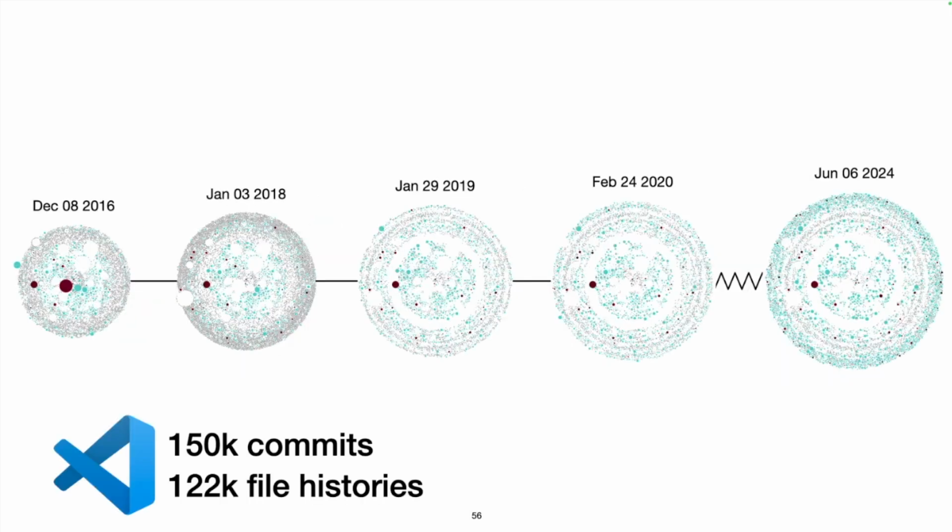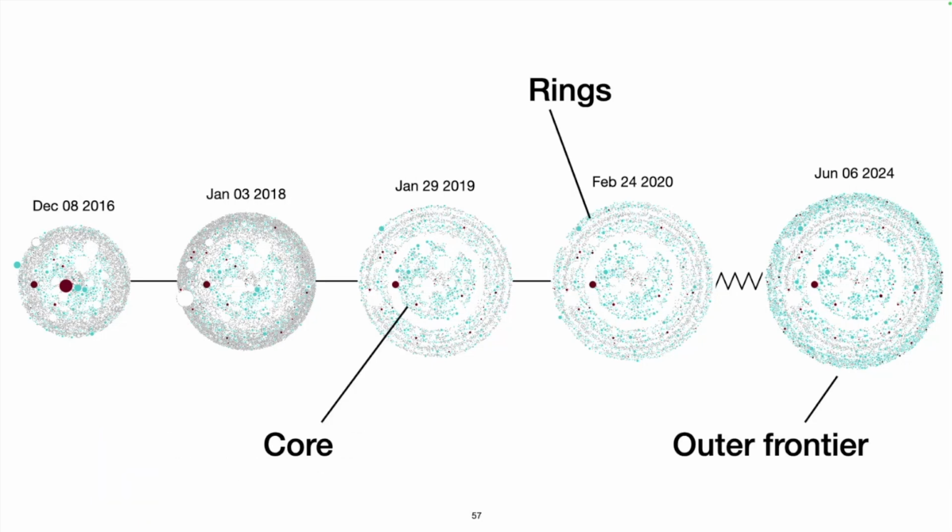Here is a larger example with Visual Studio Code, which has 150,000 commits and 122,000 file histories. And here we can see similar patterns where we have a core, we have the outer frontier, and we also have this kind of ring structure around here that appears shortly after the core is solidified.